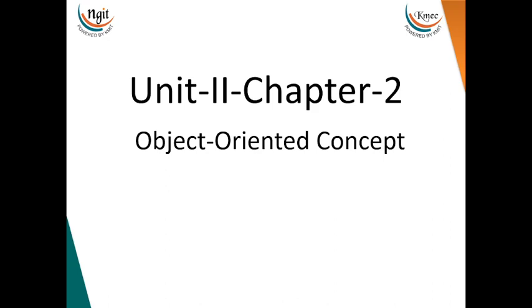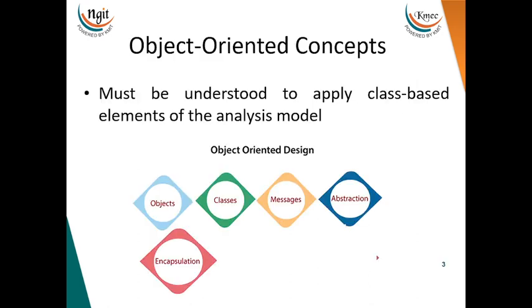We are again in software engineering unit 2, chapter 2, and we are going to see something about object-oriented concepts in our class today. To apply object orientation, we need to understand the class-based elements in the analysis model.